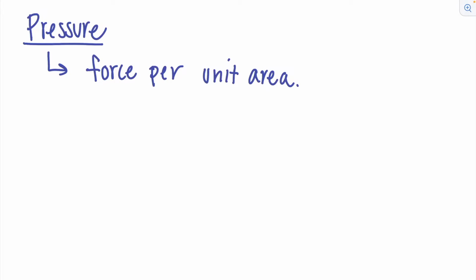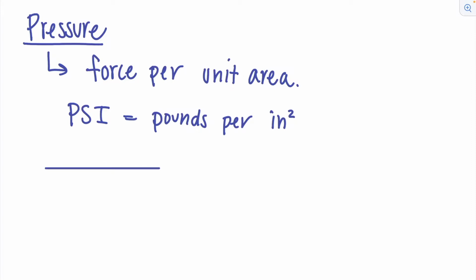Here in the States, we use PSI, which is pounds per square inch. So what does that mean? For instance, let's say we have a 2-inch by 2-inch square.